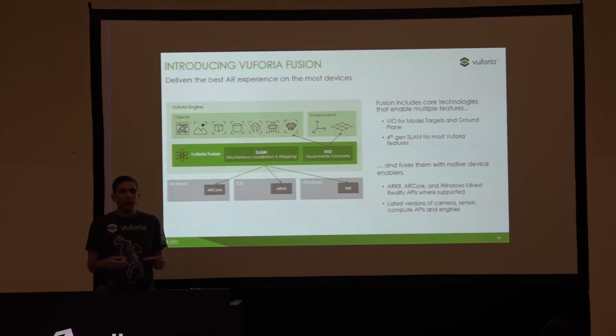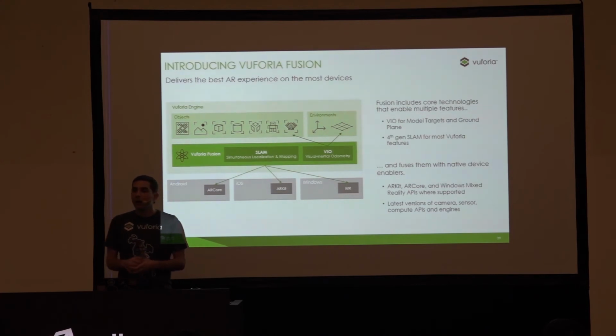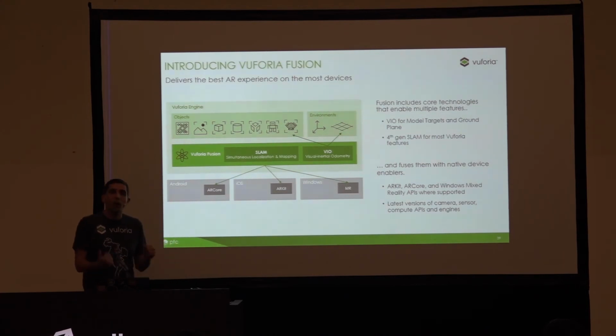So if you build with Vuforia, deploy, and put it on the App Store, and then somebody with a brand new iPhone X downloads it, we're going to leverage ARKit to put your content into the environment. But if somebody downloads that same application and runs it on an iPhone 6, ARKit is not available there.